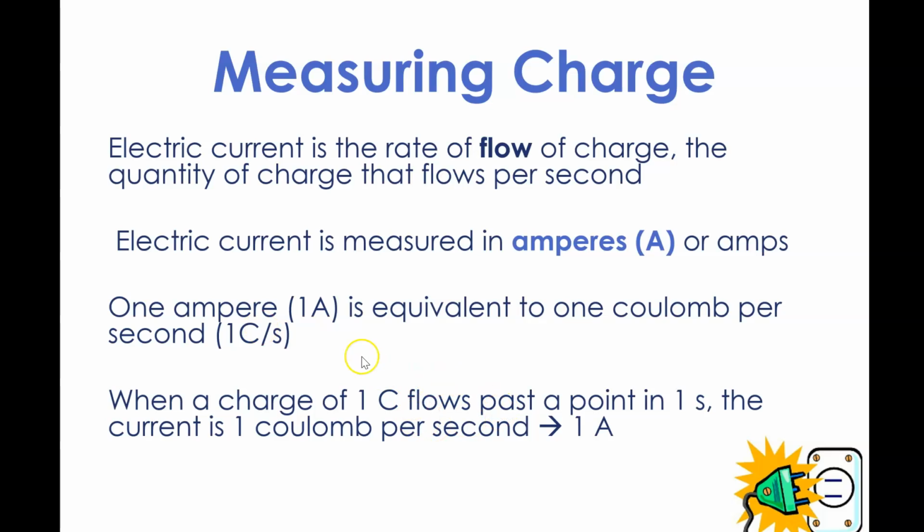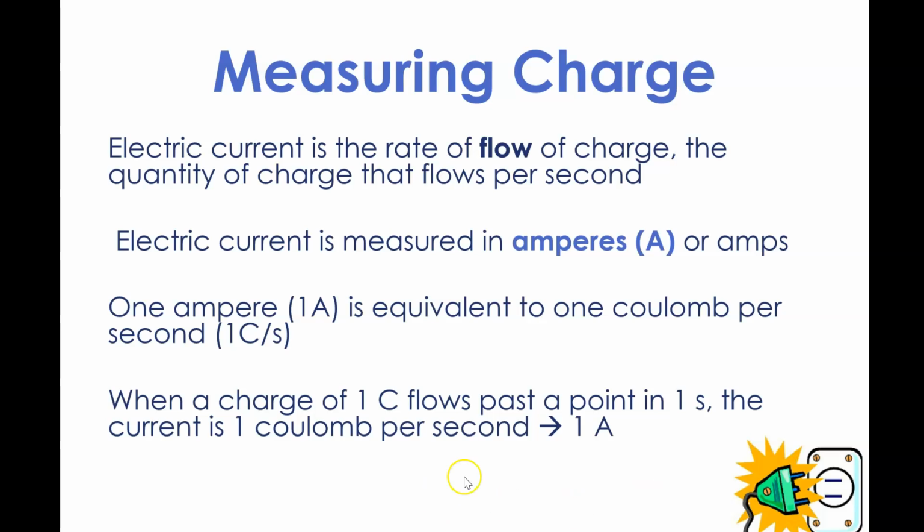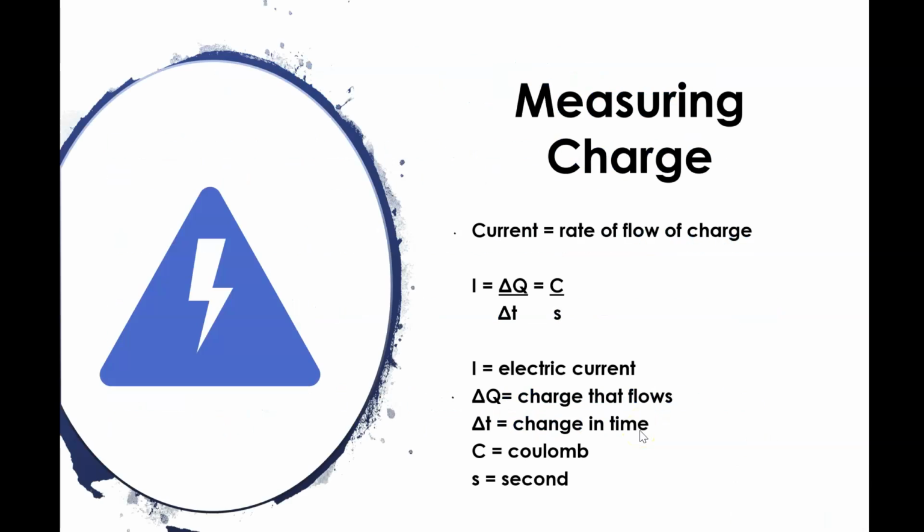When a charge of 1 coulomb flows past a point in 1 second, the current is considered to be 1 coulomb per second, which is 1 amp.